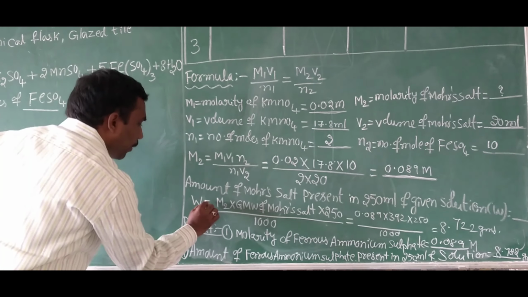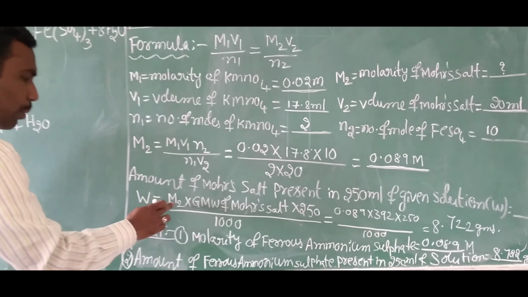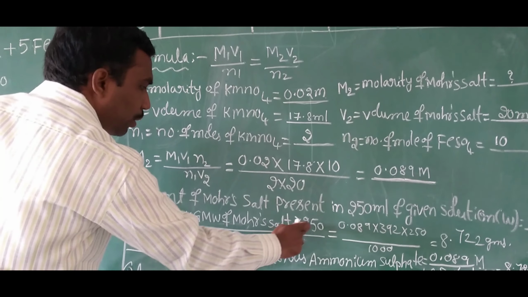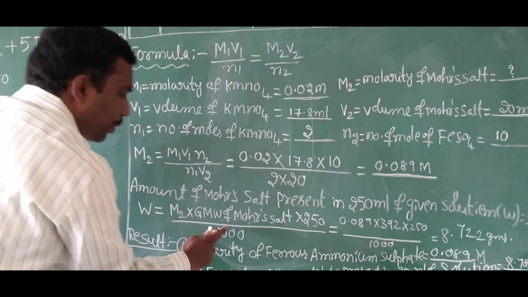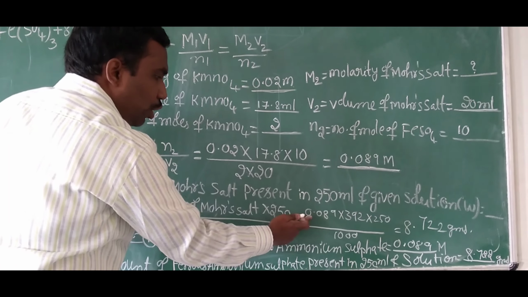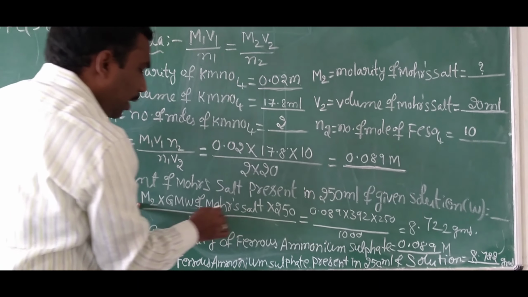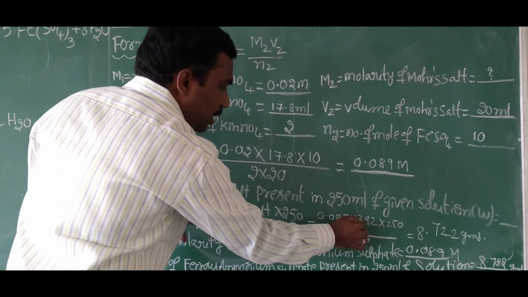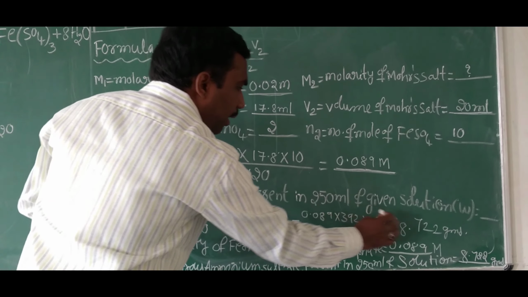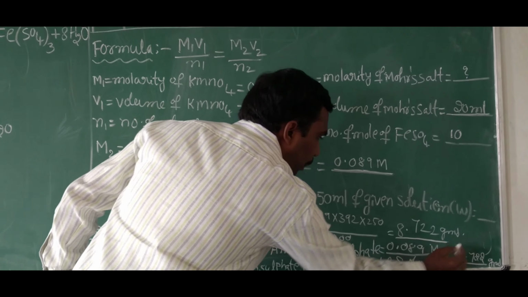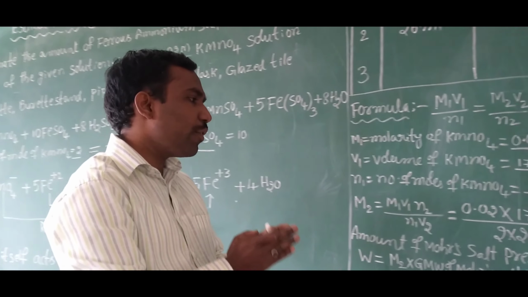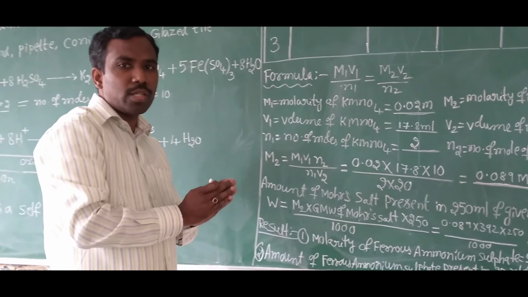For this, the formula is W equal to molarity of Mohr's salt into gram molecular weight of Mohr's salt into 250 ml divided by 1000. M2, the molarity of Mohr's salt, is 0.089, into the gram molecular weight of Mohr's salt, 392, into 250 by 1000. After doing the calculation, finally we get 8.722 grams. This is the amount of Mohr's salt present in 250 ml of the given solution.